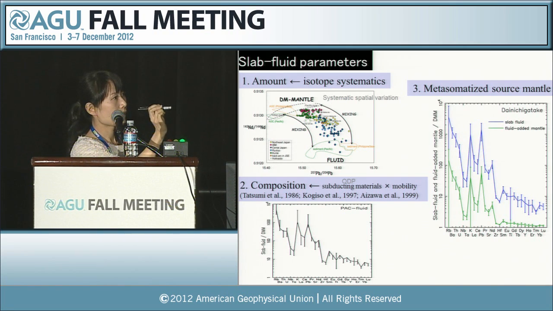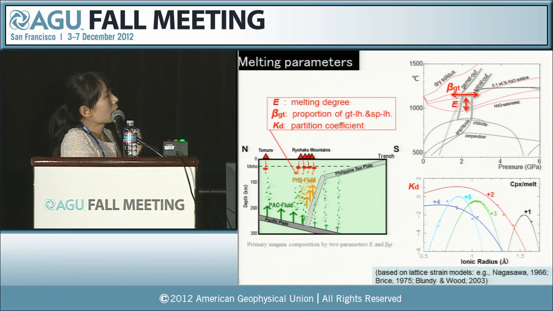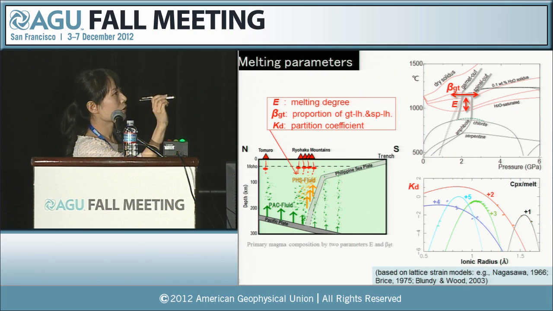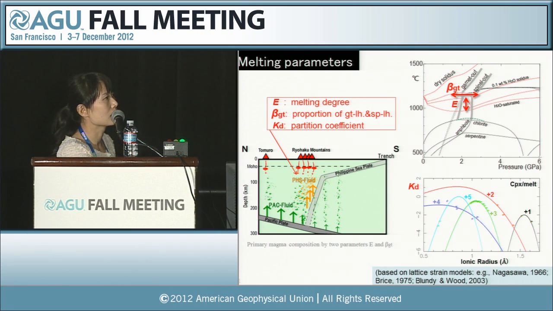From this green line, primary magma generates. Now we know the source mantle composition where a fluid induces a melting.